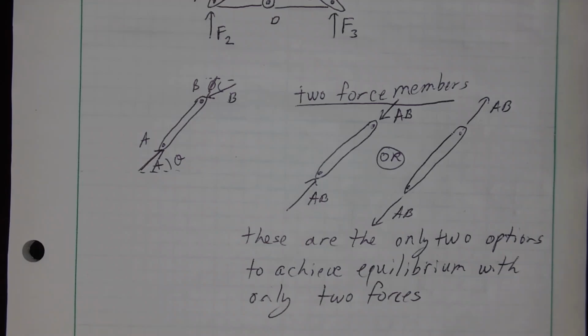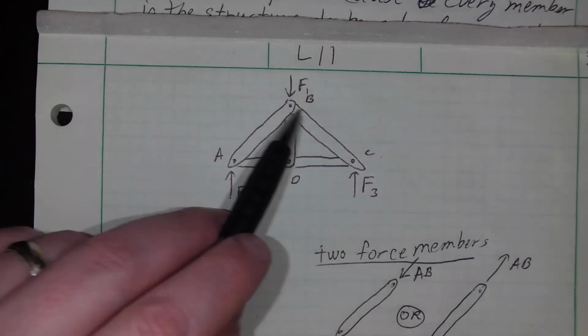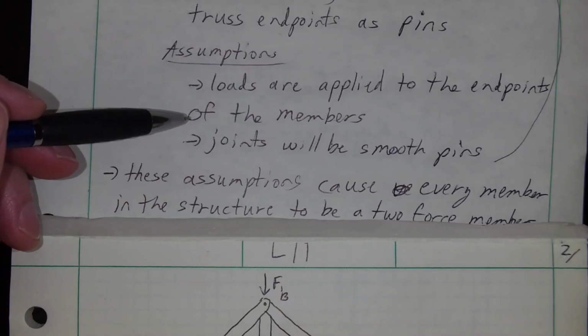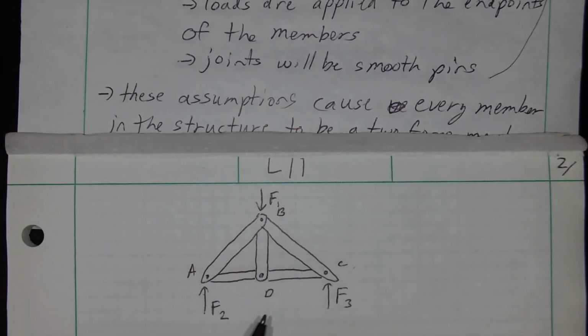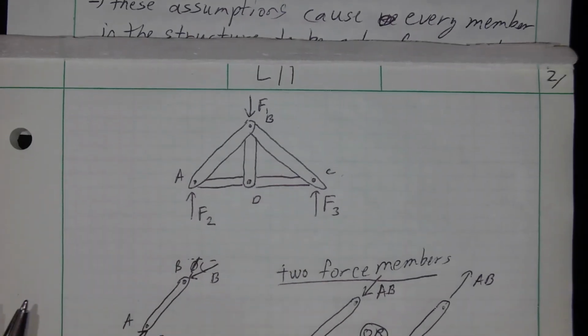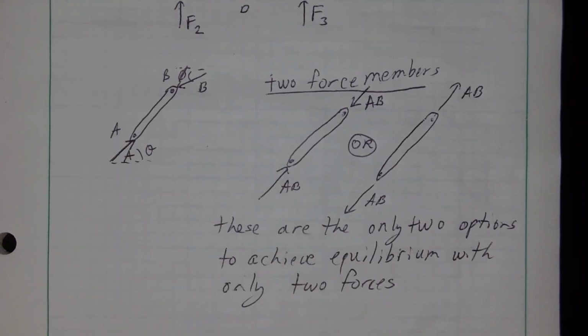And so in the case of a truss, if all the forces are only applied at the endpoints, loads are only applied at the endpoints of the members, and joints are all considered smooth joints with no couple moments caused by friction, then if I take any one of these members out, this is the only way it can exist in equilibrium: in one of these two configurations. And that's a nice stopping place. We'll pick up on the next video.